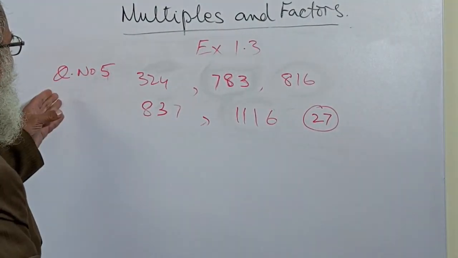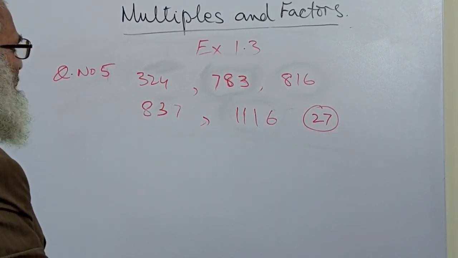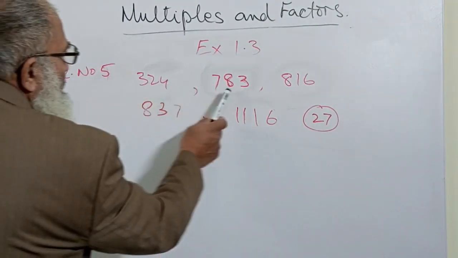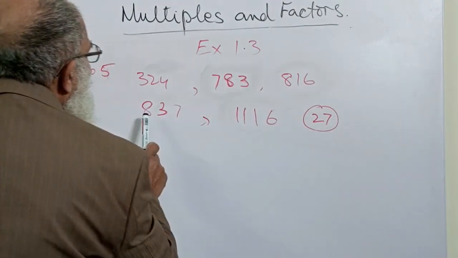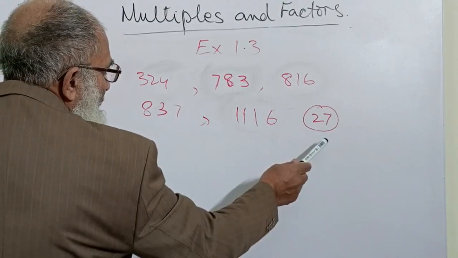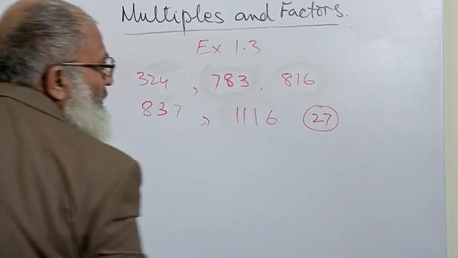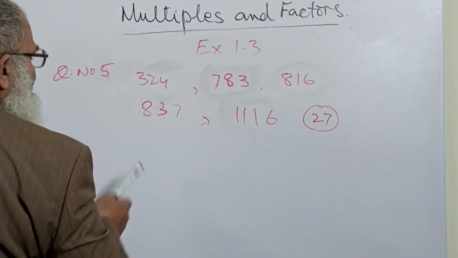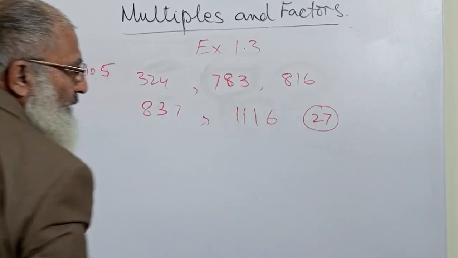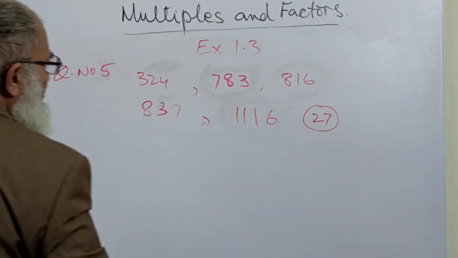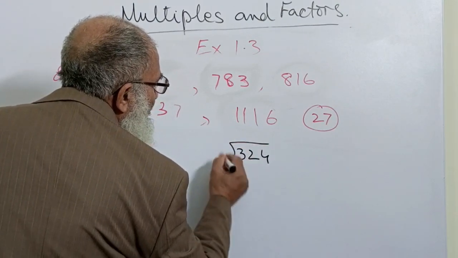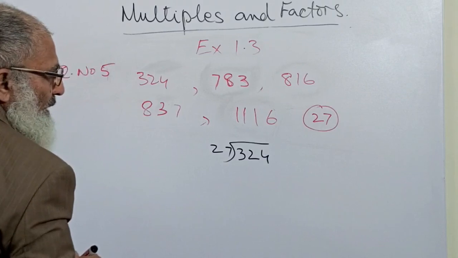Now dear students, we have question number 5, and there are some numbers written over here. You can see 324, 783, 816, 837 and 1116. And we have to check for the number 27 which of these numbers are not multiples of 27. So what we do, we take one number at a time and divide it by 27.